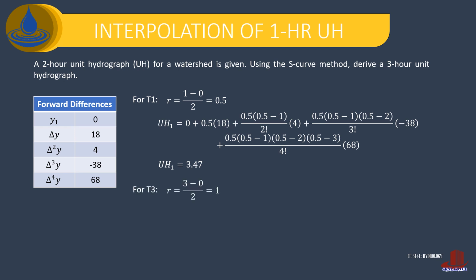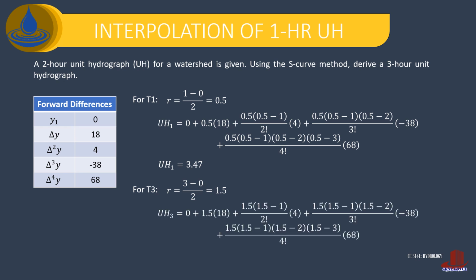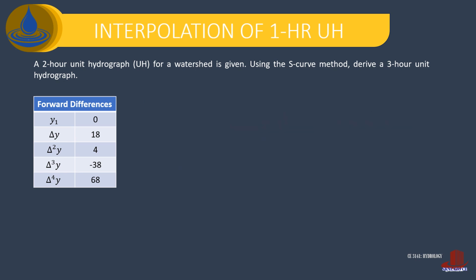At T3, R is 3 less 0 over 2, or that is 1.5. Plug 1.5 along with the forward differences into the equation and have UH of T3 as 32.47. At T5, R is 5 minus 0 over 2, which is 2.5.